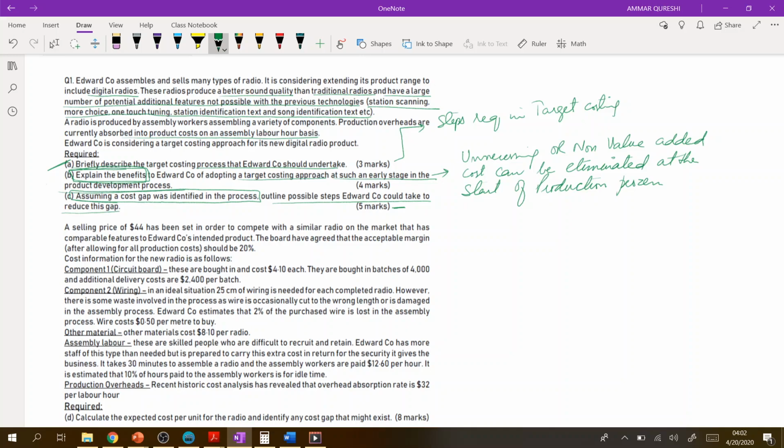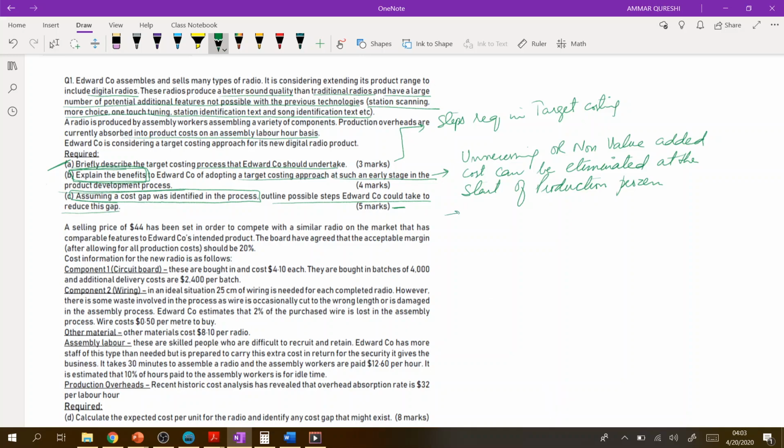After processing 2,000 or 3,000 units, we are thinking, oh my god, we did something wrong, and now we shall change the design of the product. It's really very difficult for the company to do that practically. So it's better to identify those issues at the start of the production process, and we can do that by giving some pressure to the production manager to think of a better product.